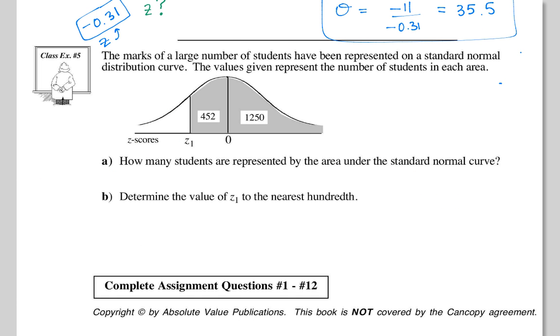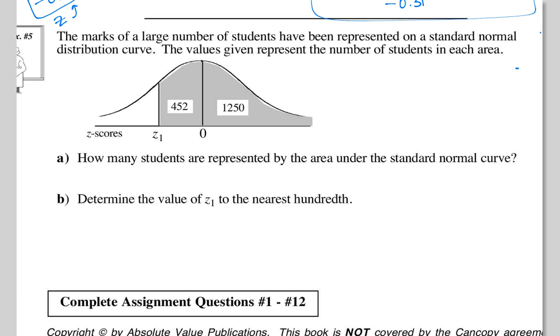Alright, let's take a look at class example 5. Okay, let's take a look at this one now. You see the marks of a big group of students. Okay, focus back on me. So a whole bunch of students wrote a test. That's like the province, all these kids in the province, they write a diploma.